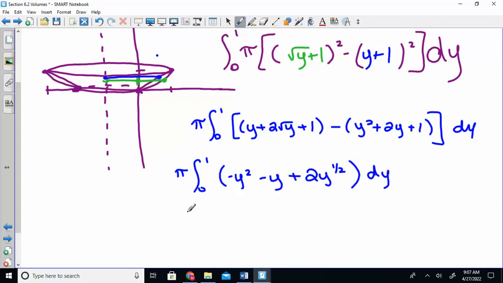So now we do the antiderivative. So antiderivative of negative y squared would be negative 1/3 y cubed. Antiderivative of y, negative 1/2 y squared. Okay, y to the 1/2, if you add 1 to the power, 3/2, so we need a 2/3 in front, times my 2 is 4/3.